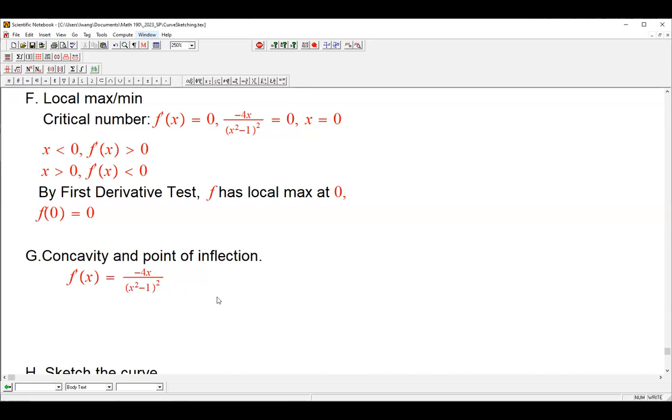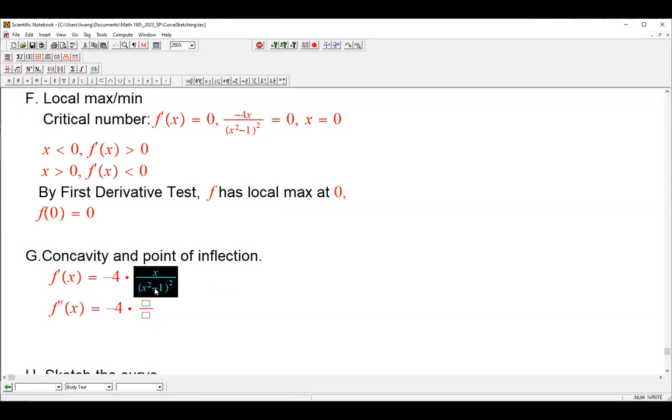When we try to do that, we might want to leave the negative 4 outside, so we just find the derivative of that part. It just makes it a little simpler. So for the derivative of the first order derivative, we have the negative 4 outside, and we differentiate that part.